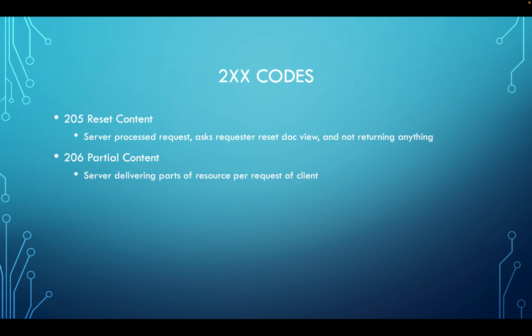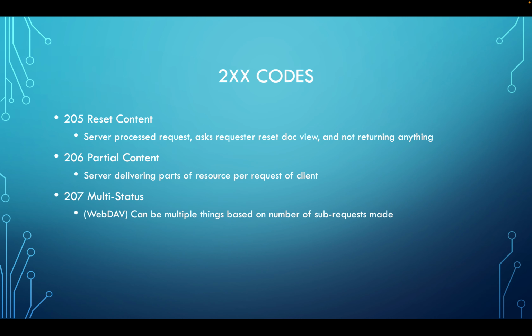206 is Partial Content, which means the server is delivering parts of the resource per request of the client. 207 is Multi-Status. It's using WebDAV.